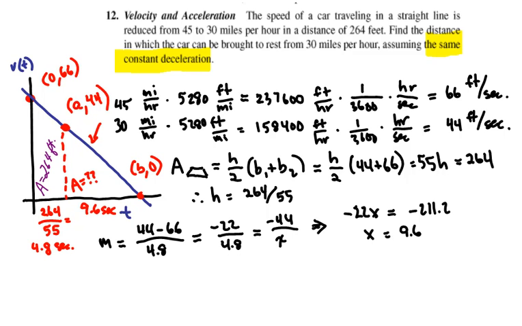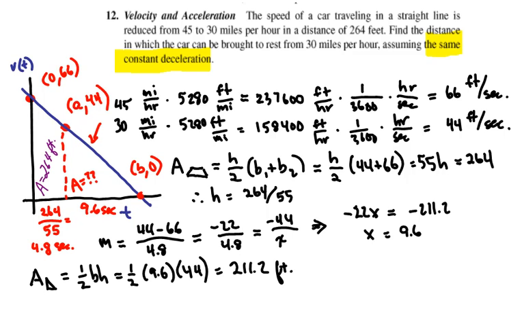But now we do know that the time it took to bring the car to rest from 44 feet per second is 9.6 seconds. And if I'm looking for the area, I can now set up a fairly simple area of a triangle formula, and that is just 1/2 of base times height, where the base is 9.6 and the height is 44, which just comes out to be 211.2 feet.